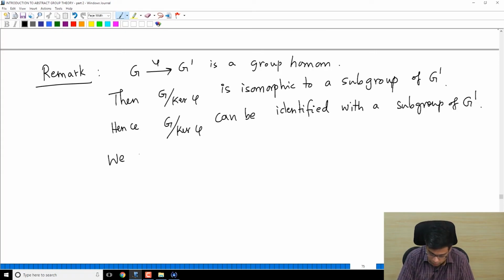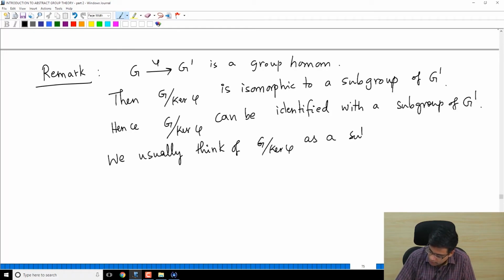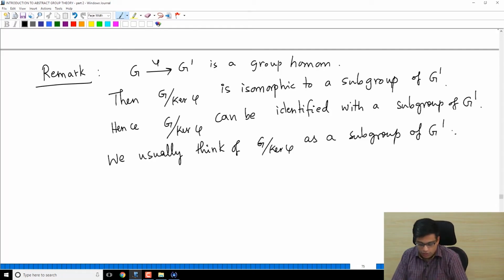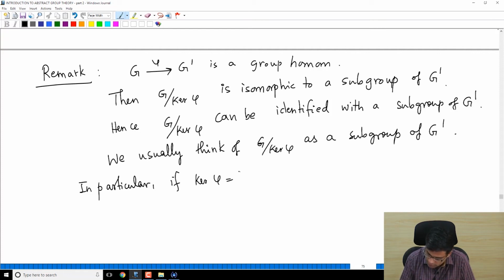So we usually think of G mod kernel phi as simply a subgroup of G prime. Sometimes it's useful to think of G mod kernel of phi as a subgroup of G prime. In particular, if kernel of phi is just E, which is to say phi is 1-1, right?